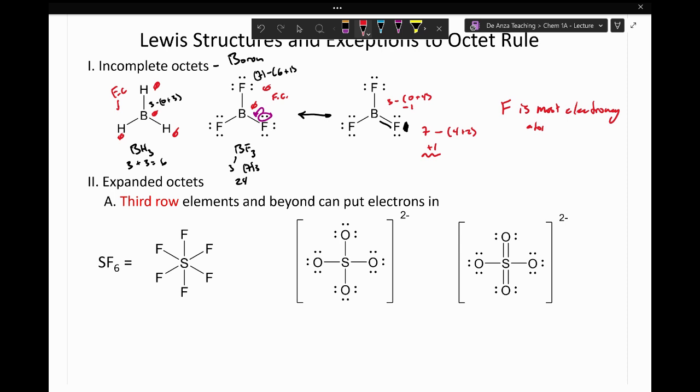Because of that, it's very unlikely to give up those electrons. So it's not really going to form that double bond, because it's just going to keep those electrons to itself. So very unlikely to give up electrons, and especially to have that positive formal charge.